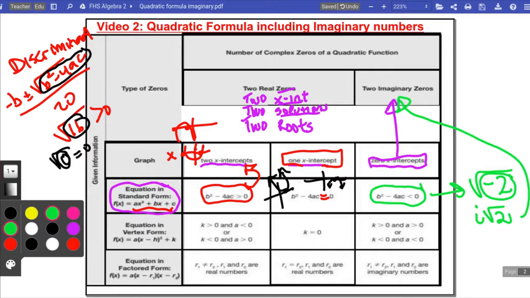You have two imaginary zeros. So bottom line, you're not going to have any x-intercept at all. If it opens up over there, no x-intercept, but you have two imaginary numbers. Even if it opens downward right here, no x-intercepts.